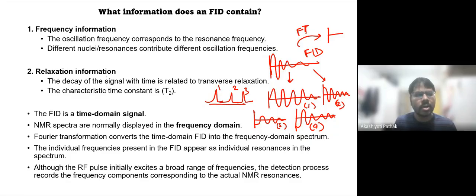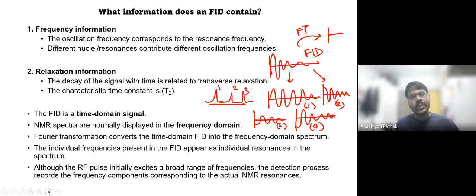Okay, so it also contains the relaxation information. Basically your methyl region, your amide region of your protein, your lysine epsilon amide regions, all these different regions will have different relaxation if we talk about a protein.